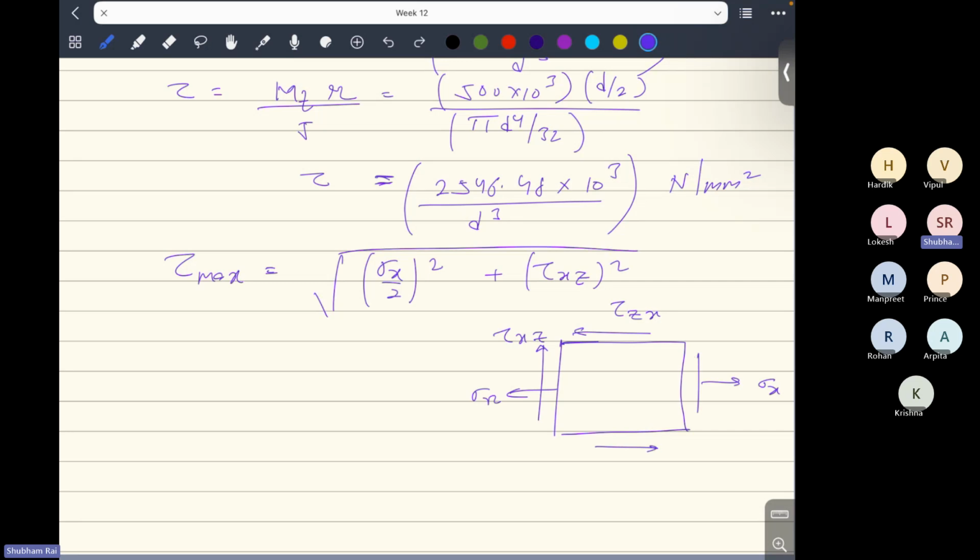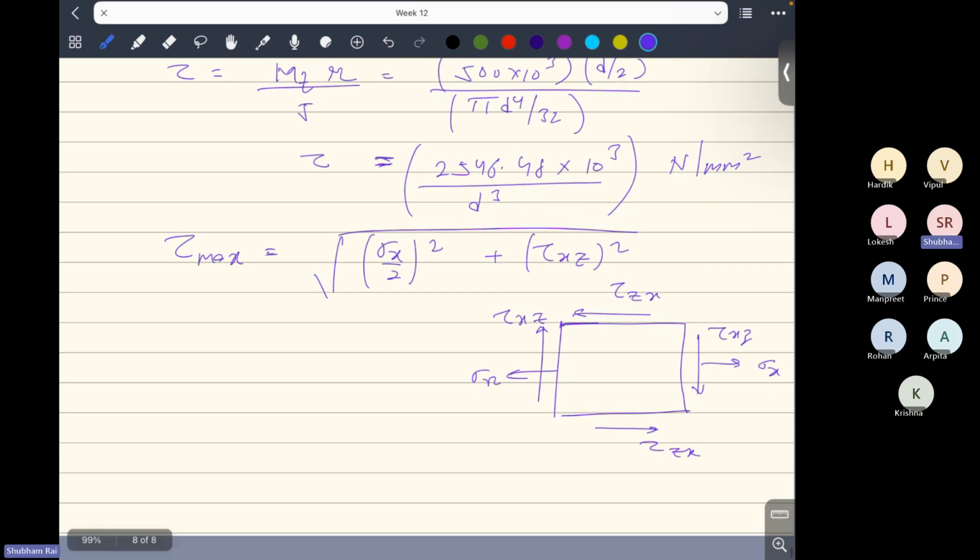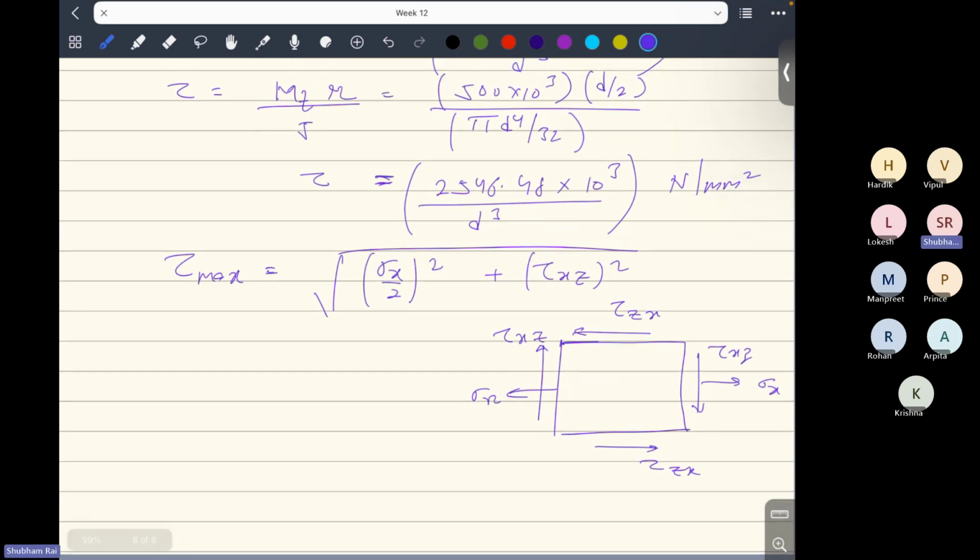So this will be tau xz, and this will be tau zx. Now here we have sigma x equal to sigma b. We already have the expression for sigma b, so I'm not writing it here. And we have tau equal to tau xz.